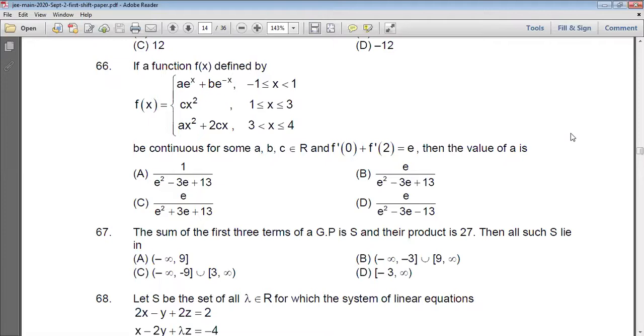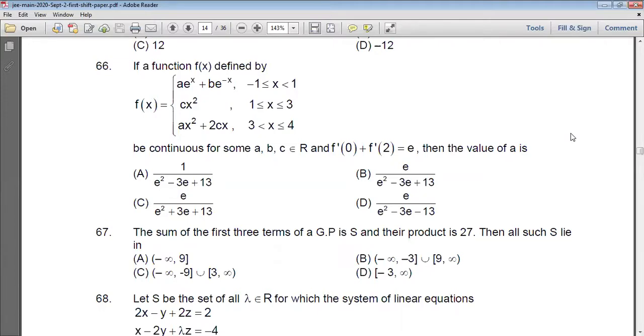The function f of x is defined by f of x is equal to a into e power x plus b into e power minus x when -1 less than or equal to x less than 1.